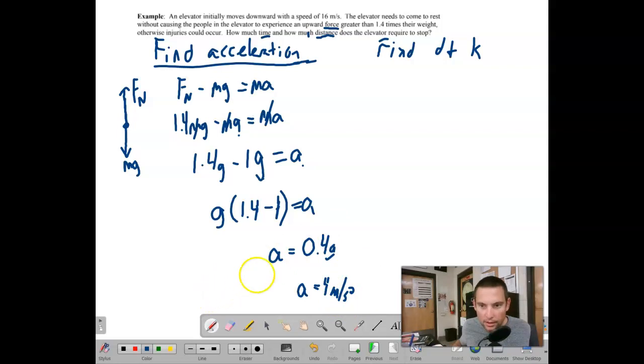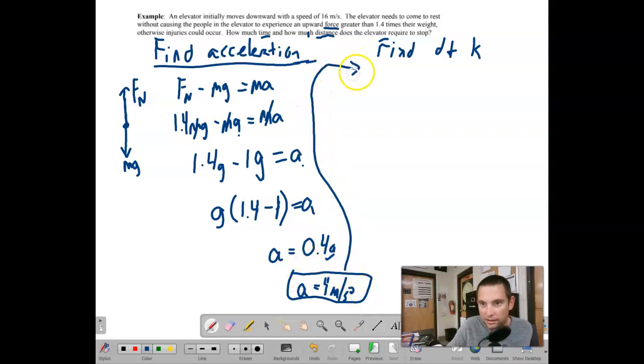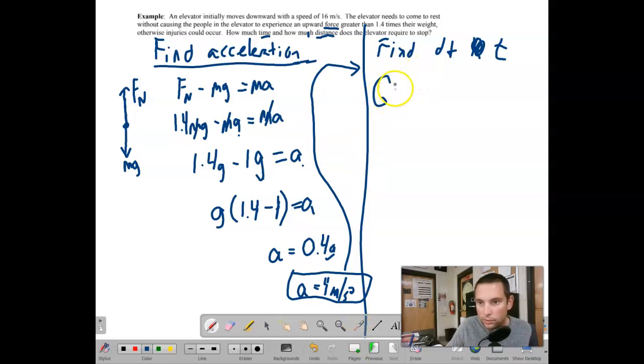Okay. Now that we have acceleration, and it does not appear to be changing, it is staying constant for us, we can take that and find d and t. What did I write up here? What the heck? D and t. All right, so finding these kinds of things, the best method will be to guess it.